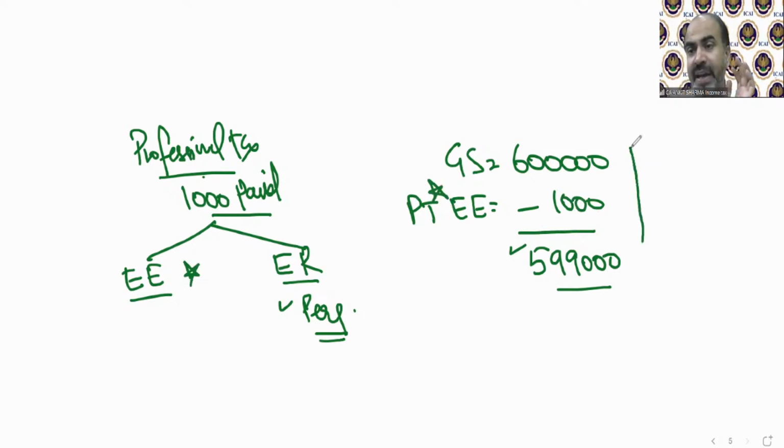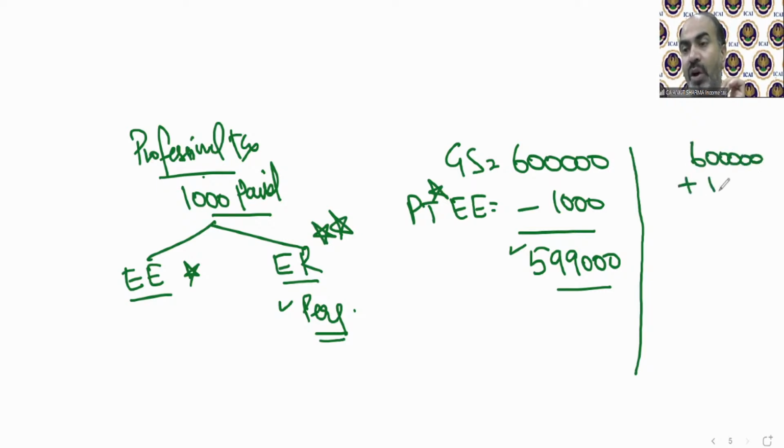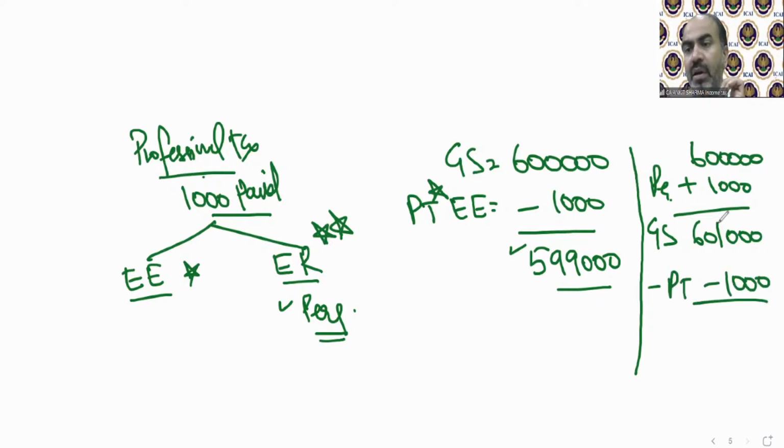But in the second case scenario, when your professional tax of 1,000 has been paid by the employer, then in that case, that 1,000 will be added to the 6 lakh as a perquisite. So now gross salary will be 6 lakh and 1,000. And then this professional tax will be deducted as a deduction. So now your net salary will be 6 lakh rupees.